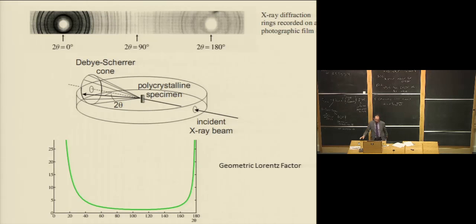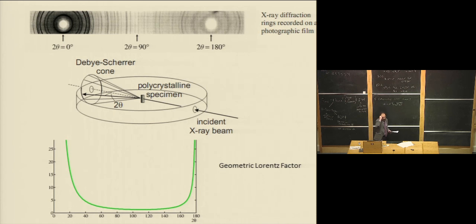This function varies fairly rapidly as a function of angle, but at intermediate angles it's fairly flat between around 60 and 140, and then it starts going back up around 140. It's really a feature of how you set up your experiment. And so if you're an experimentalist, you will know what this factor is in advance before you do any sort of measurement.